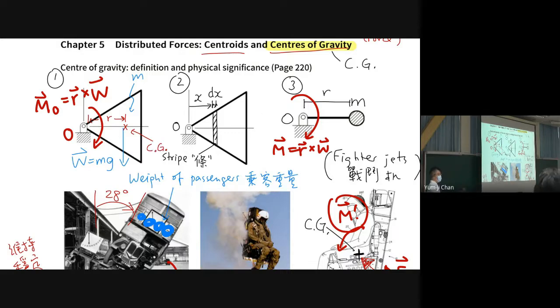Because we treat these two as the same thing, if we can determine this value of R such that the moment about O is equal, then this is the center of gravity.